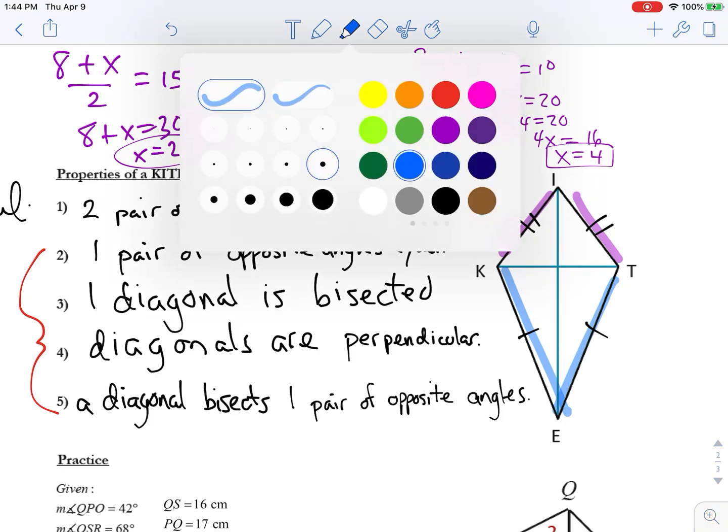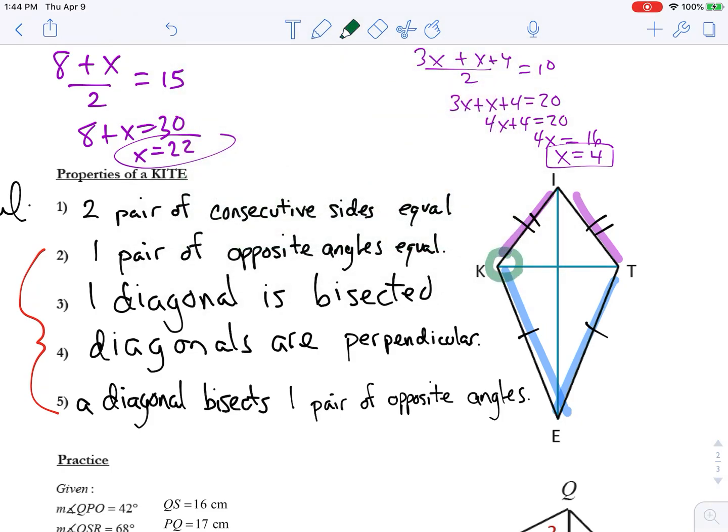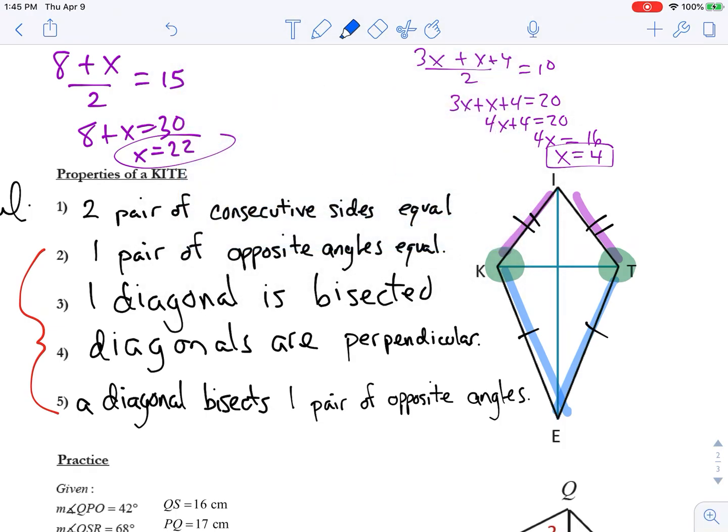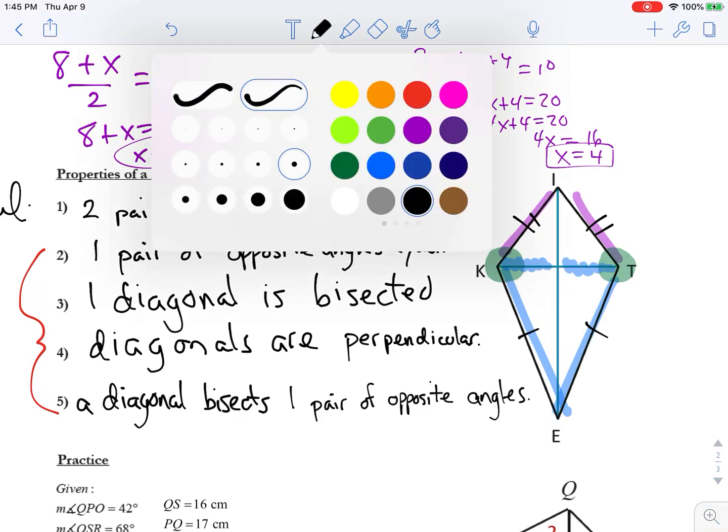So for example, a weird fact is that these angles right here, like the wings of the kite, those are equal angles. They're the same size. The other two angles are not the same size. If you look at the diagonals, one of the diagonals gets cut in half.